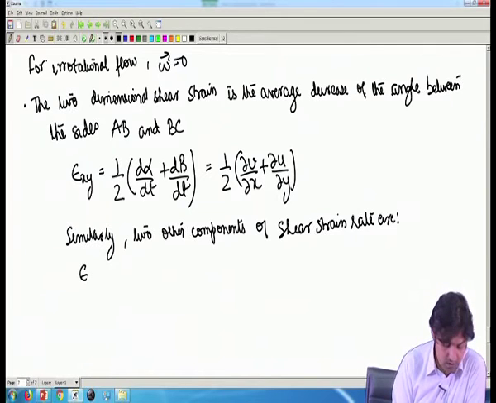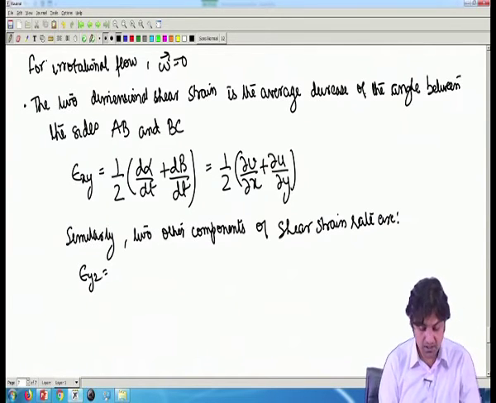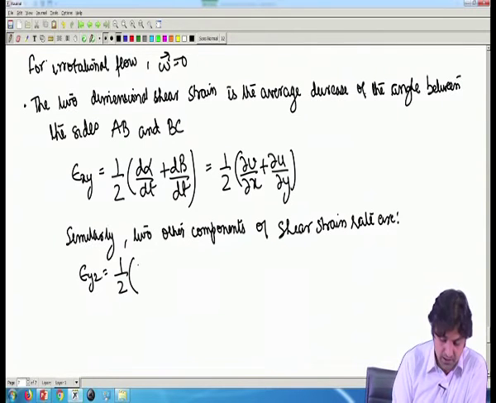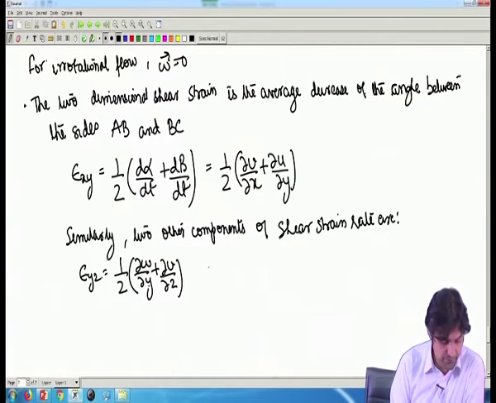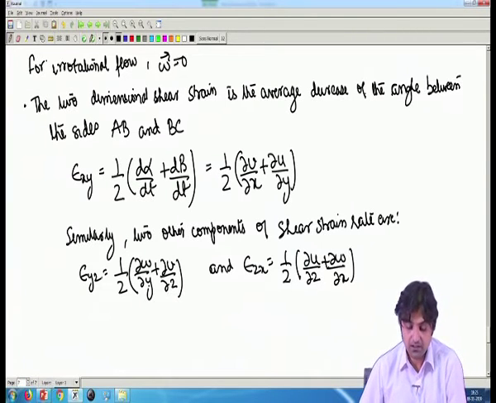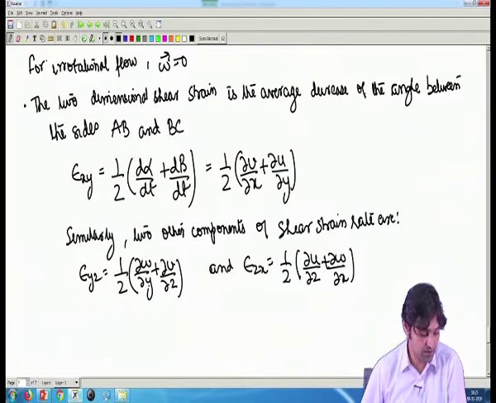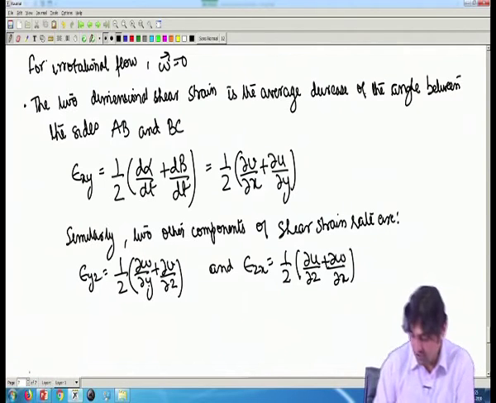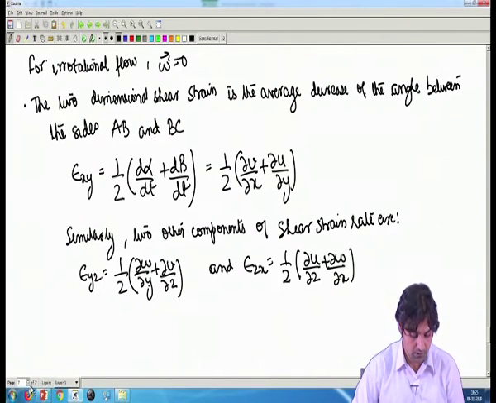So epsilon yz can be written the same way, half del w del y plus del v del z, and epsilon zx is equal to, so we have written epsilon yz and epsilon zx in a similar fashion, all right. So I'll go to the next page.